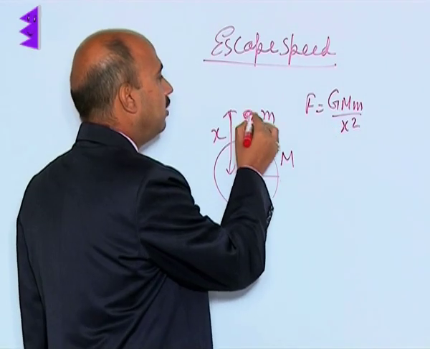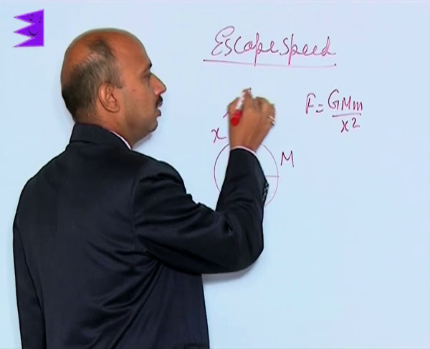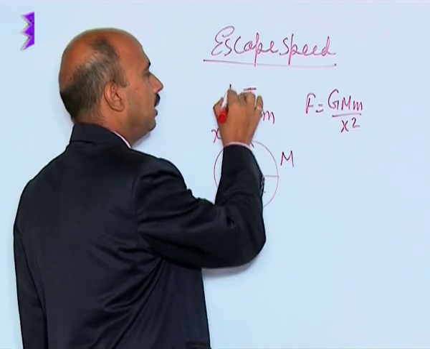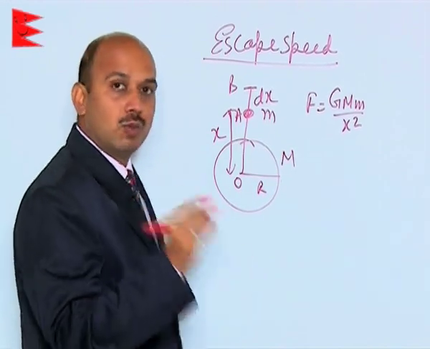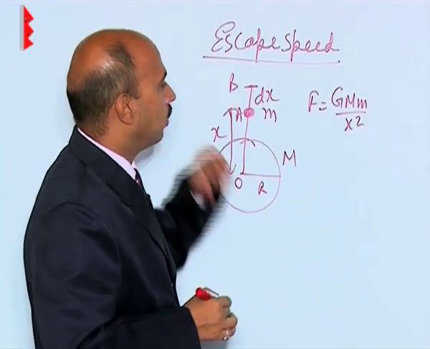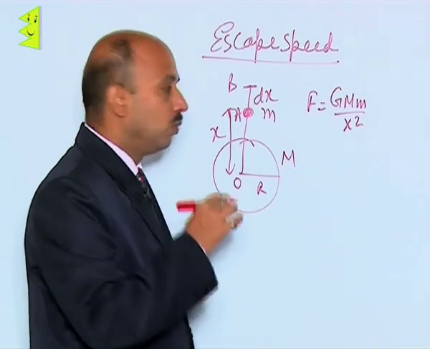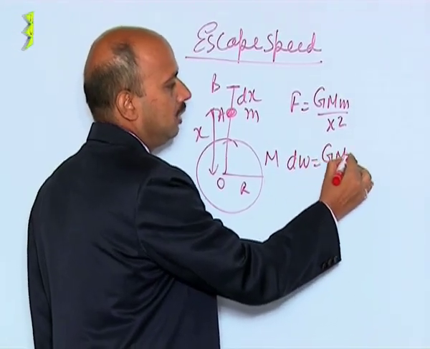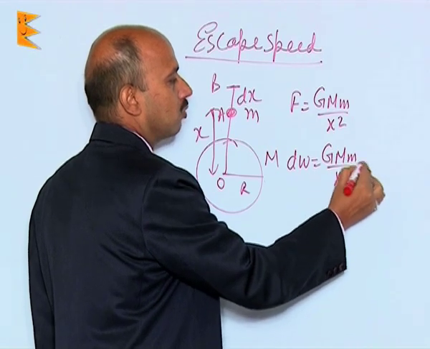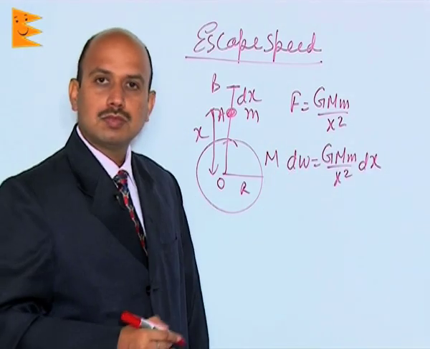Now when this object is taken from A to B by a displacement of dx, without any acceleration, then the work done by the force is dW equal to GMm upon x square into dx.